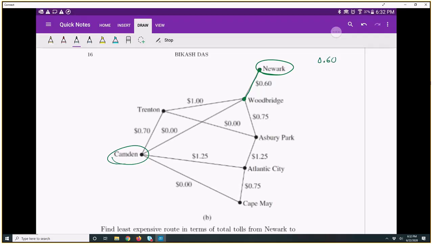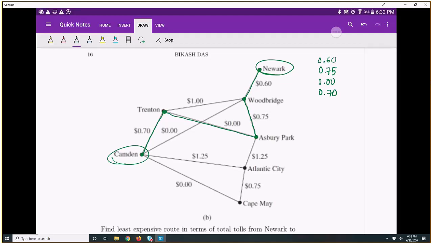And following the closest neighbor algorithm, that would take us then to Asbury Park, 75 cents. Then it doesn't cost anything to get to Trenton. Then we would spend 70 cents to get to Camden.